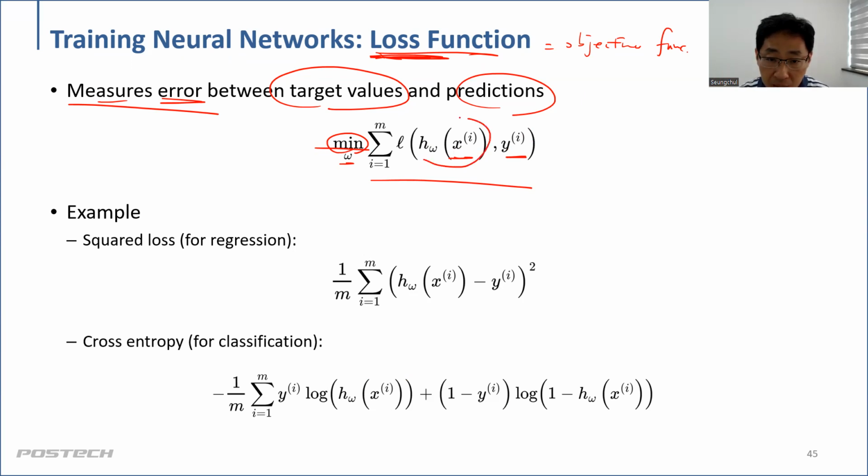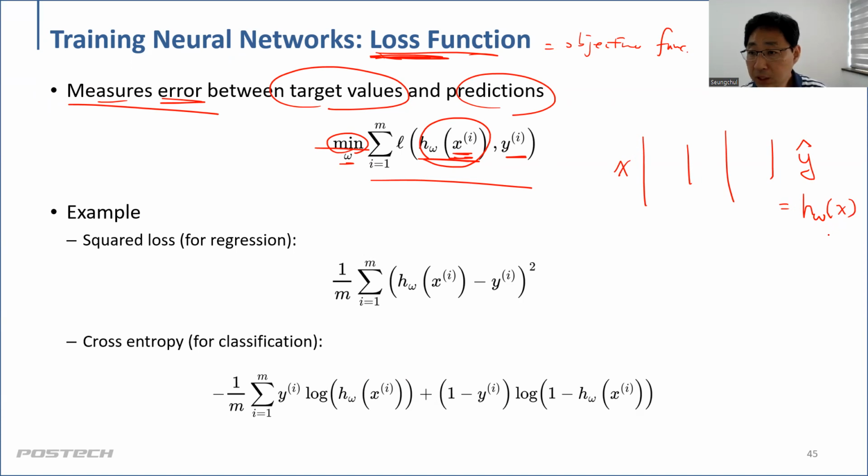And this is the predicted value from the ANN, having the input of X. So it's going to be X and the Y hat, the same as a function of X parameterized with omegas. That's the notation. And I didn't define what the loss function is, but it's some kind of loss between these two terms.